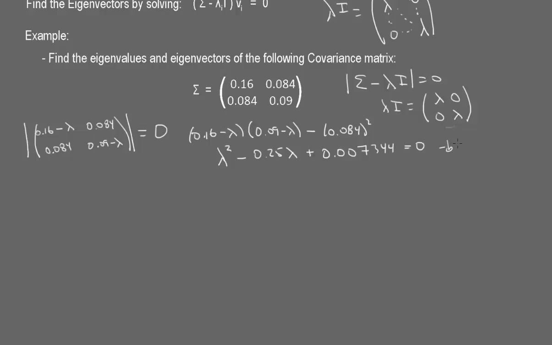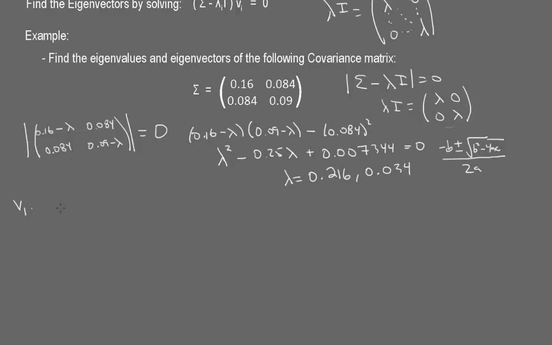Now we'll use the quadratic formula, negative b plus or minus the square root of b squared minus 4ac, all over 2a. Now we can solve for our lambdas, which are 0.216 and 0.034. Now with these lambdas, we'll next solve the eigenvectors.